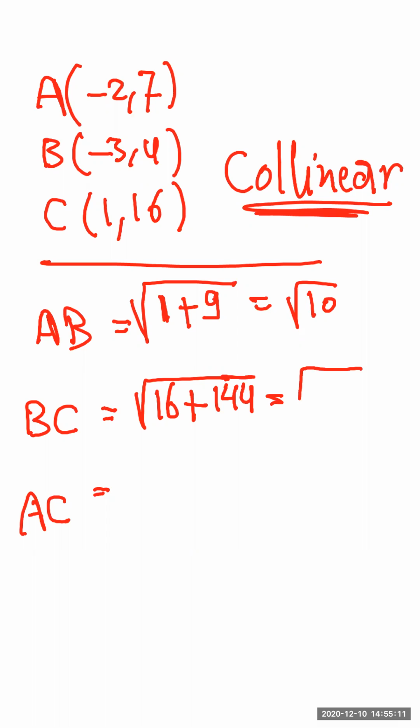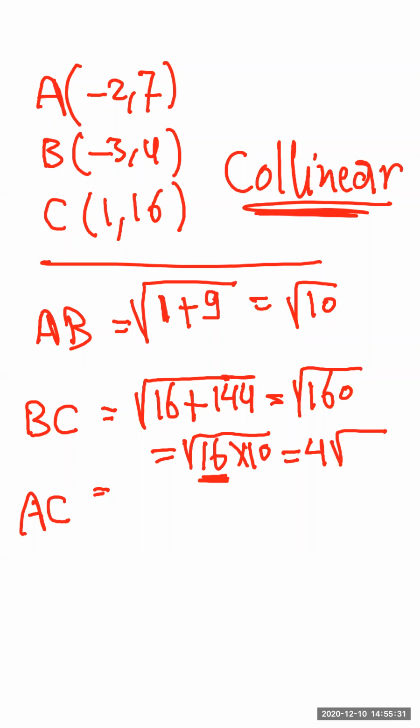So it will equal the square root of 160. Square root of 160 will actually equal 16 times 10. The square root of 16 means 4. So 4 square root of 10.